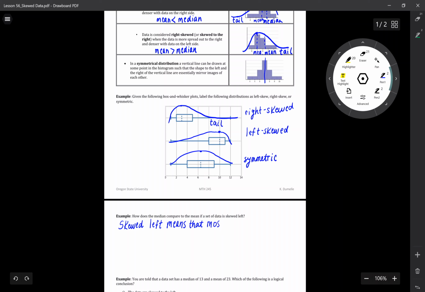Most of my data is concentrated among larger values. And because most of my data is concentrated among larger values, that will make my median very high.